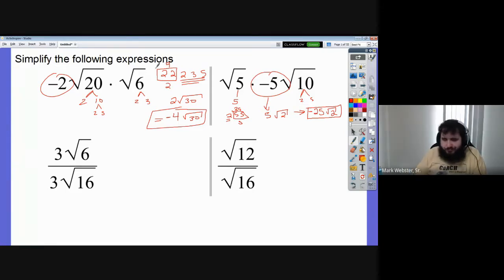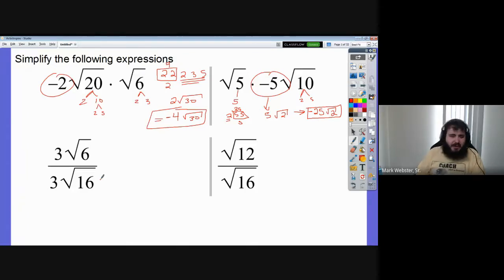All right. So with fractions like this, there's a lot of ways you can go. Like for example, if you see a perfect square somewhere, take care of that first.